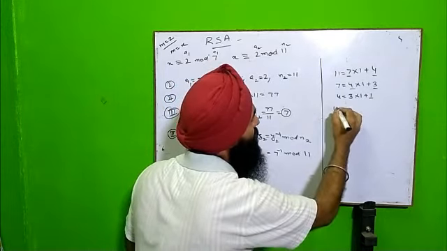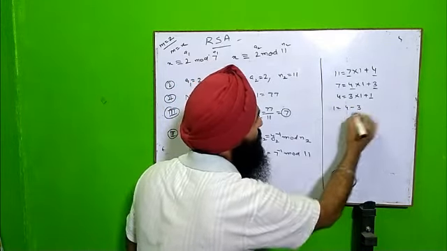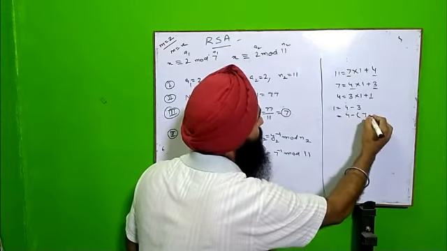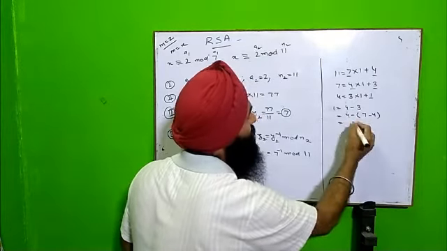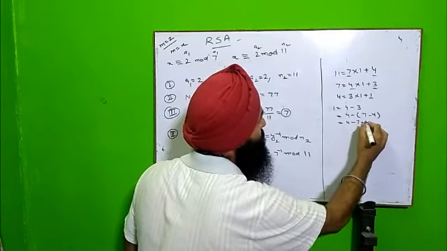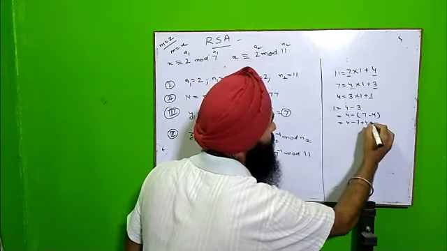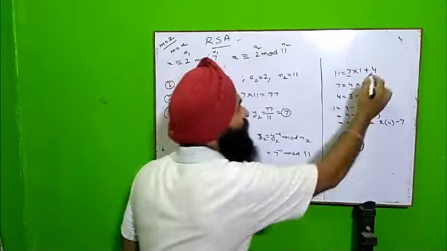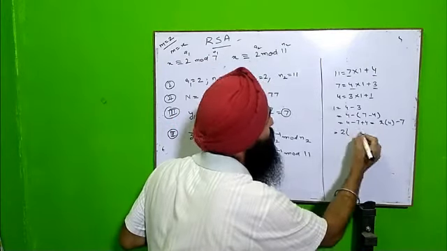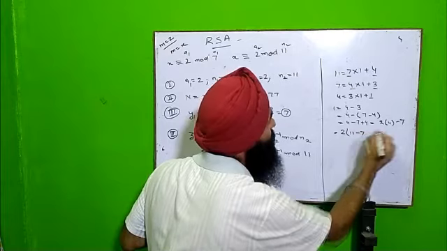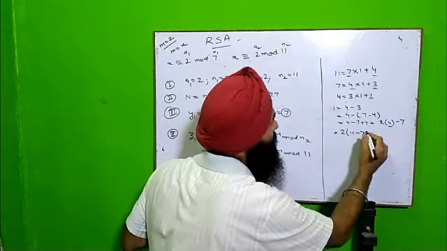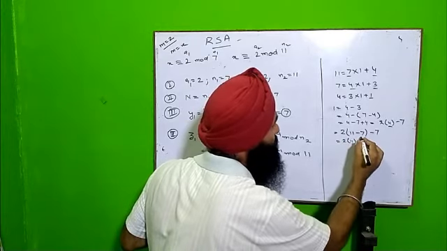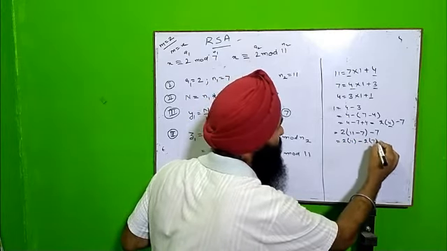So we can rewrite 1 is equal to 4 minus 3, and putting the value for 3, which is 7 minus 4, clubbing this, 4 minus 7 plus 4, that is 2 times 4 minus 7. Putting the value for 4, that is 2 into 11 minus 7, minus 7, that is equal to 2 into 11 minus 2 into 7 minus 7.